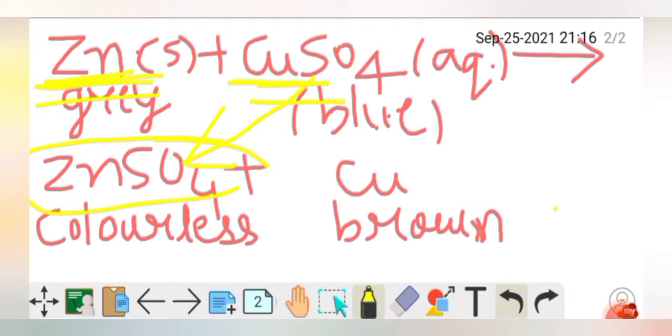So it has formed zinc sulfate, from the solution of its compound, and this was an aqueous solution. It is displaced from the solution of its compound. So this example goes through the definition.